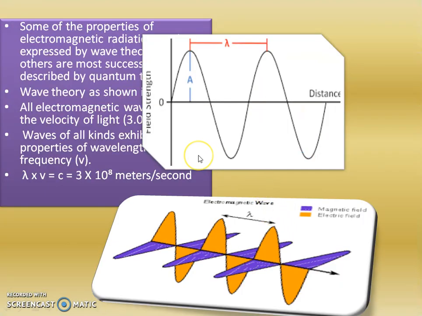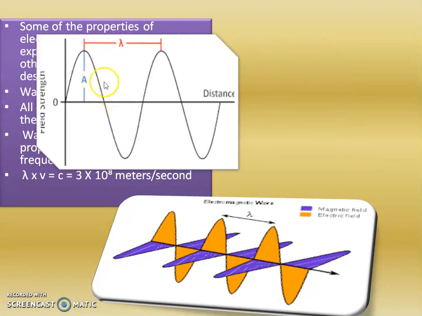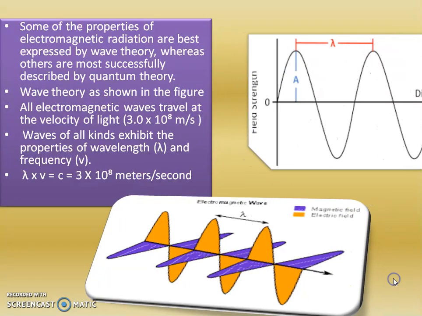Let us see some of the properties of these electromagnetic radiations. As you can see in this case, the radiation that transfers in nature, and these radiations are characterized by wavelength and frequency. So the wavelength, it is the distance between two consecutive crest or two consecutive trough, and the movement can be shown in this way also here.